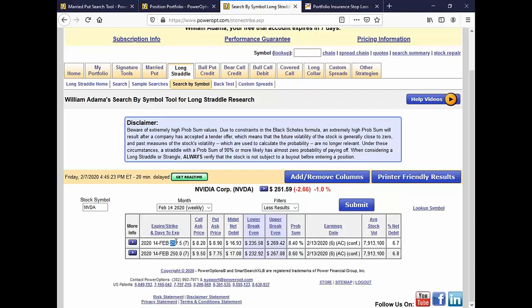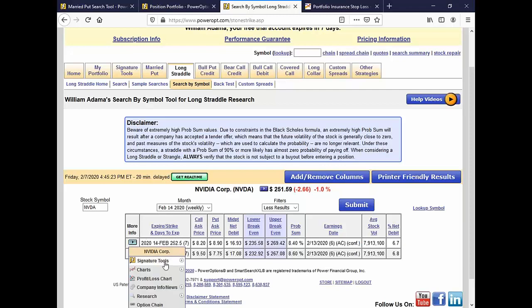I could choose to buy the 252 strike call and put for a net debit of around 16.93, making my upper break-even 269.42 and my lower break-even 235.58. There's only an 8.4% probability that NVIDIA will be trading above 269 or below 235 in the next 6 or 7 days at expiration. Earnings are 6 days away. The earnings is 7 days away.